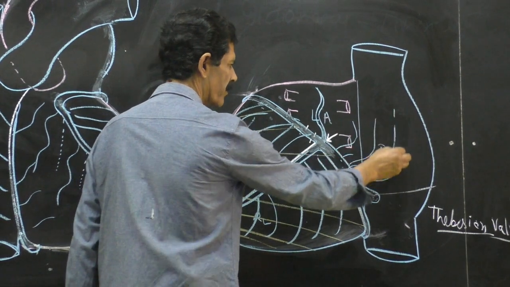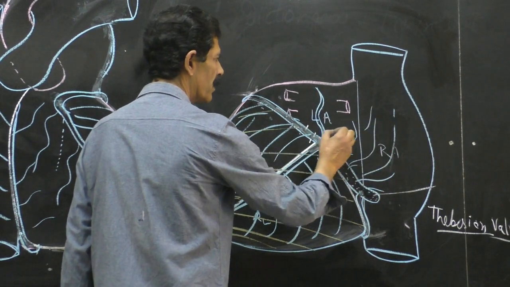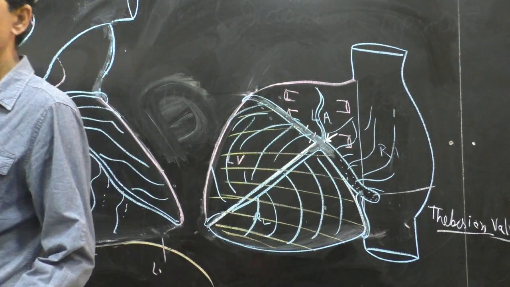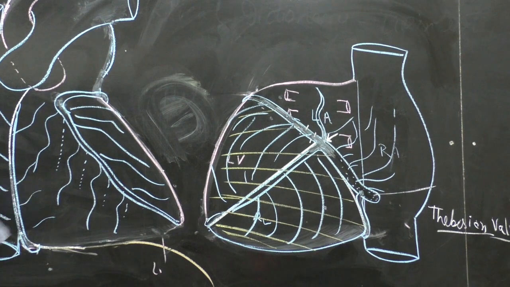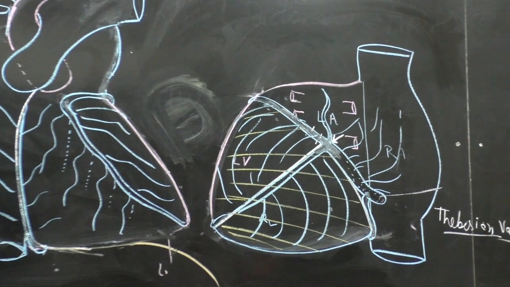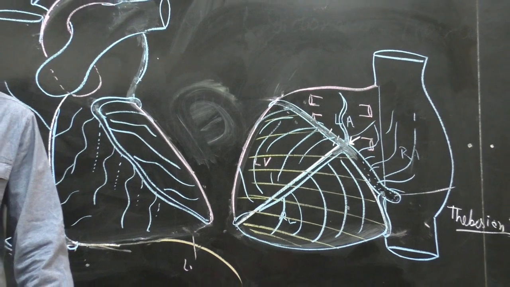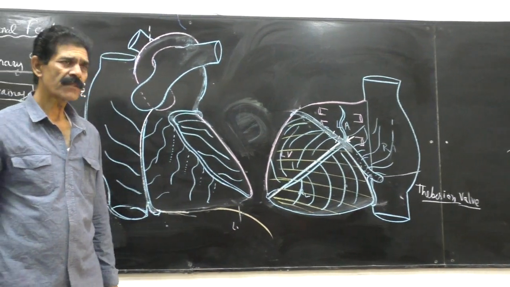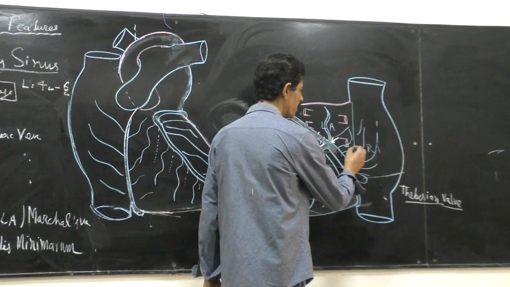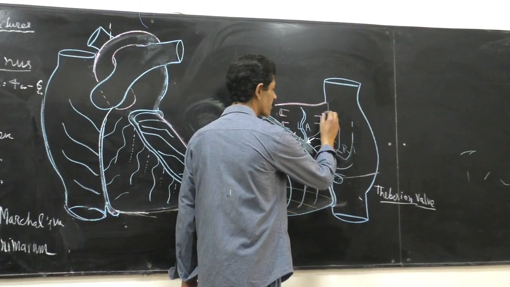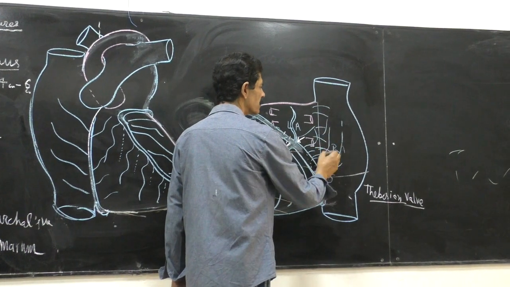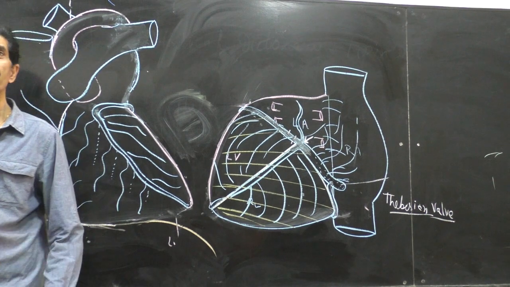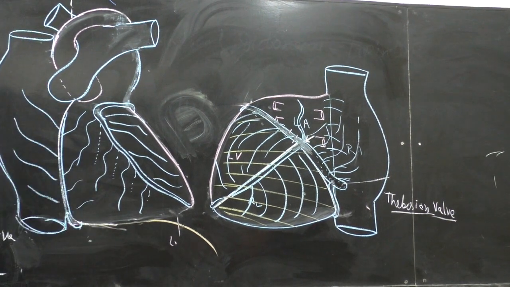They are unnamed veins because they do not fall under the previous 5 types of veins. Multiple veins are there, so they are called the venae cordis minimae. Sometimes they open into the right atrium directly also, where the whole of the venous blood is pooled.